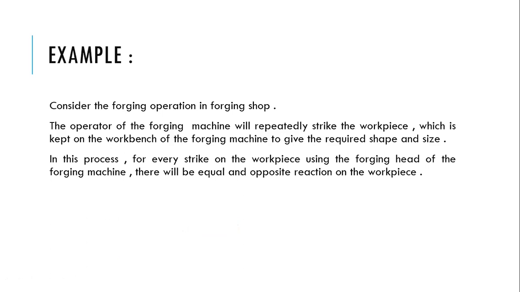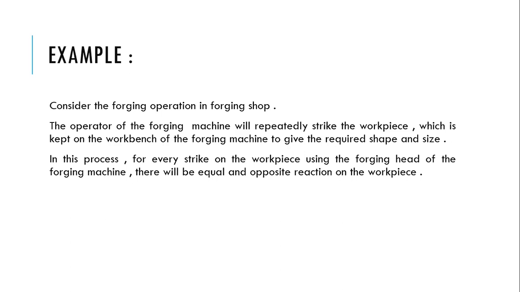Another example from production technology: take a forging operation carried out in a forging shop. Let us consider an operator operating a forging machine by keeping the workpiece on the table. When the forging head is dropped down towards the workpiece, for every individual strike on the workpiece, there will be an equal and opposite reaction. What is the equal and opposite reaction?